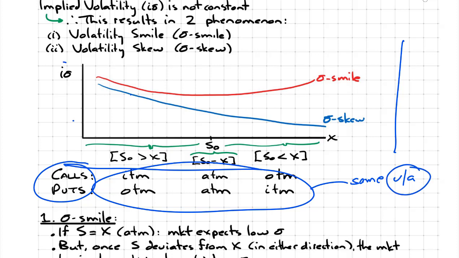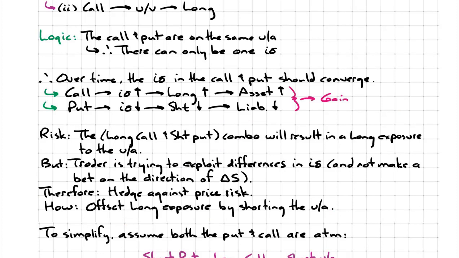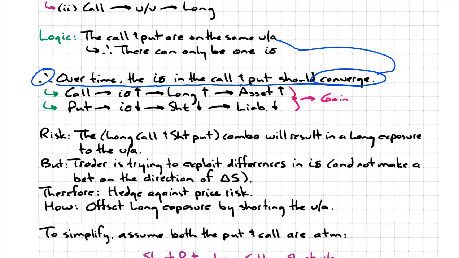So why is it that I have different degrees of volatility priced in for the same underlying asset? So therefore, if the investor expects over time the implied volatilities in all these options to converge, again, why would they converge? Because we're looking at the same underlying asset.